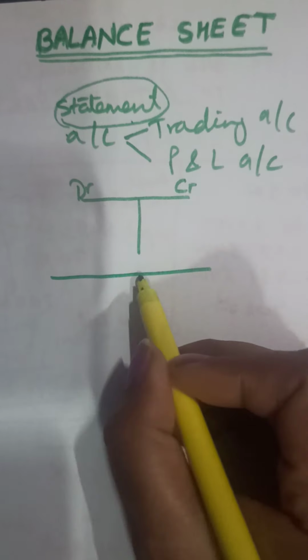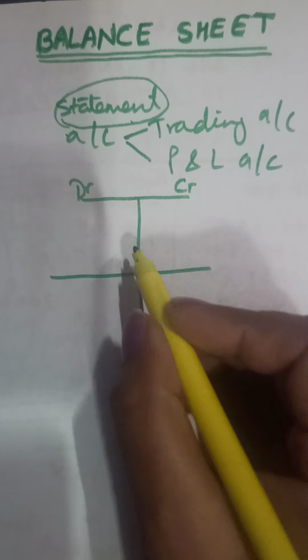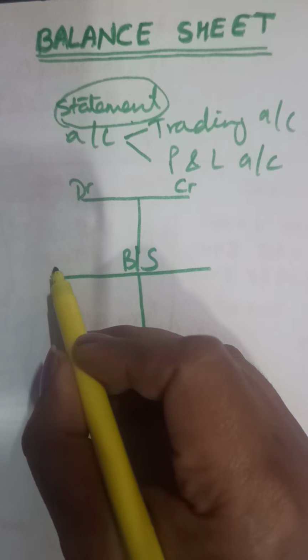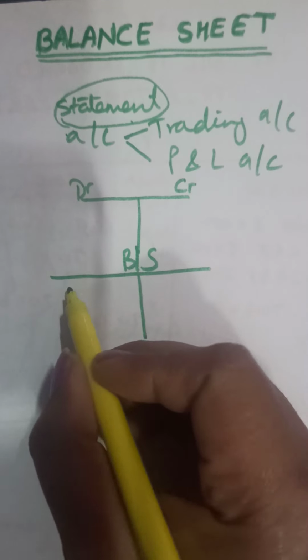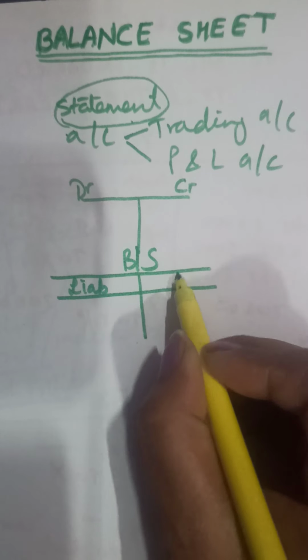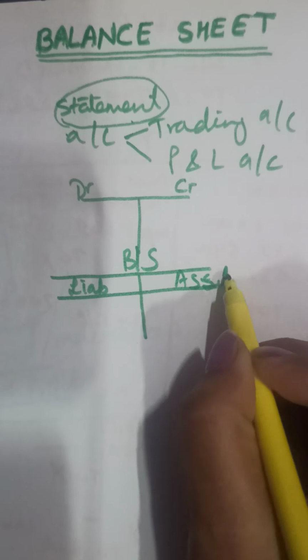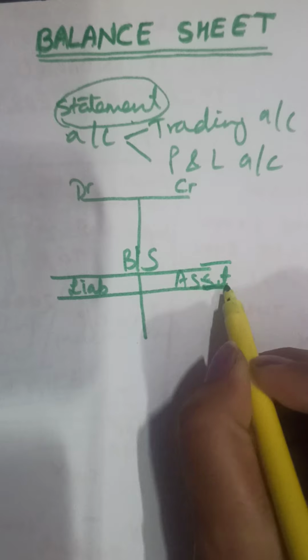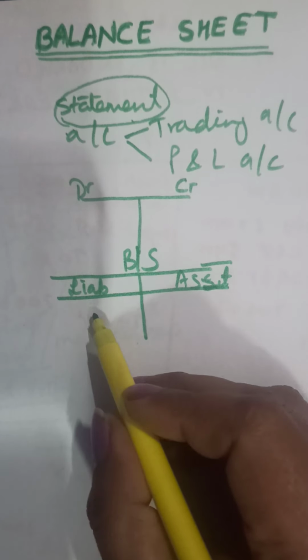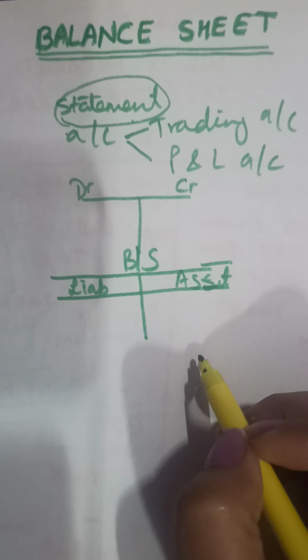Because this format that we are going to prepare, the balance sheet, does not have the debit and the credit. Rather, it has two sides called the liability side and the asset side. Why is there no debit and credit? Because there are no expenses and no incomes.